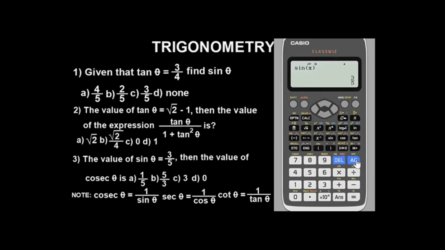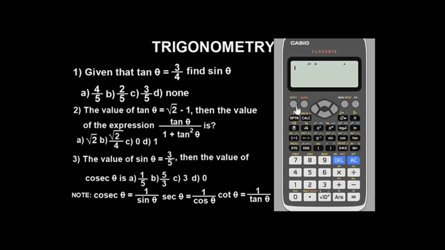Okay, so let's go to question 2. Question 2 says the value of tan theta equals this, then the value of the expression is what? Guys, pay attention. I want to solve this question 2 and move a bit deeper, go the extra mile on it. As usual, we're going to store the tan inverse of this value.